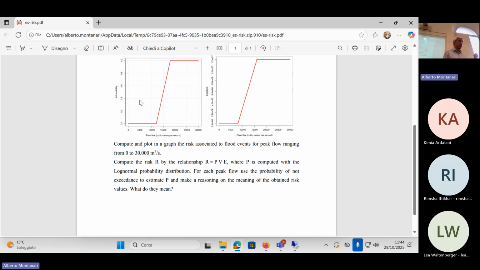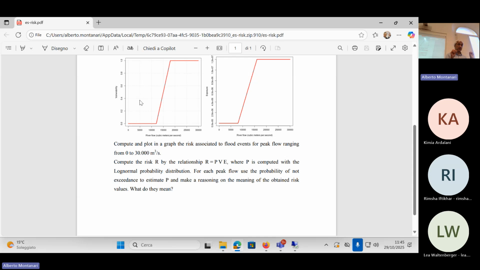What do they mean? This is our question. And look at the suggestion: use the probability of not exceedance to estimate P. Okay, this is something we have to think of because it was not told earlier. I said P is probability, but I didn't give any other information. I only said that for increasing intensity of the event, the probability is decreasing.